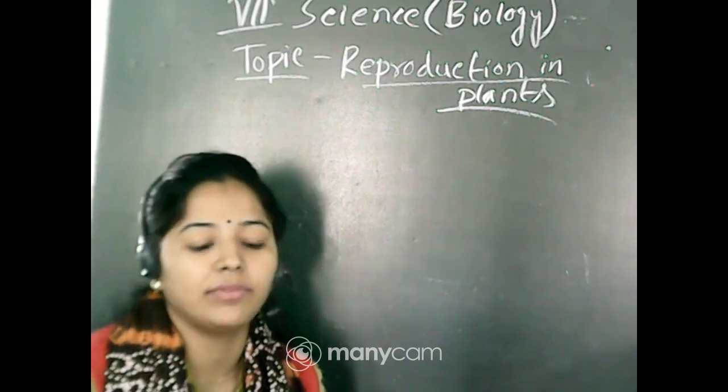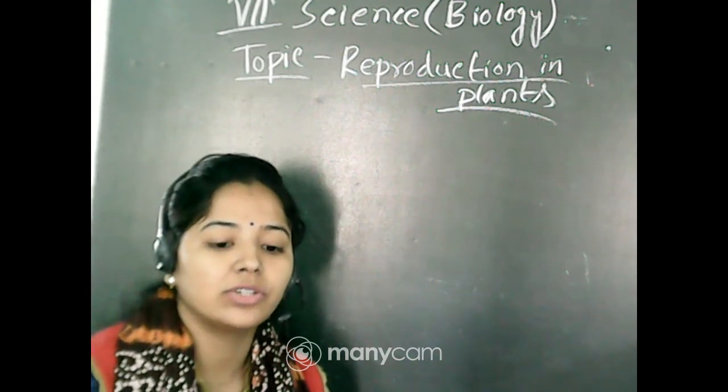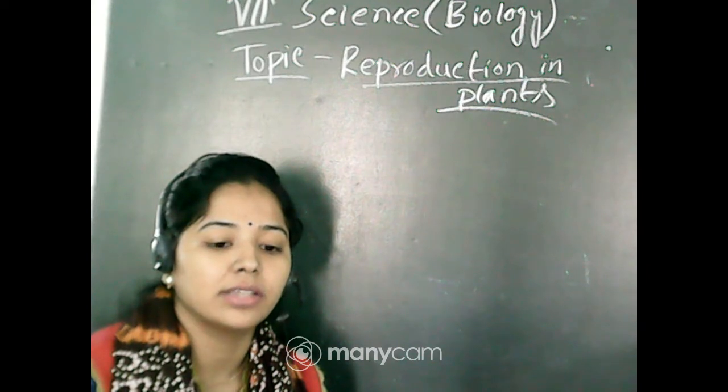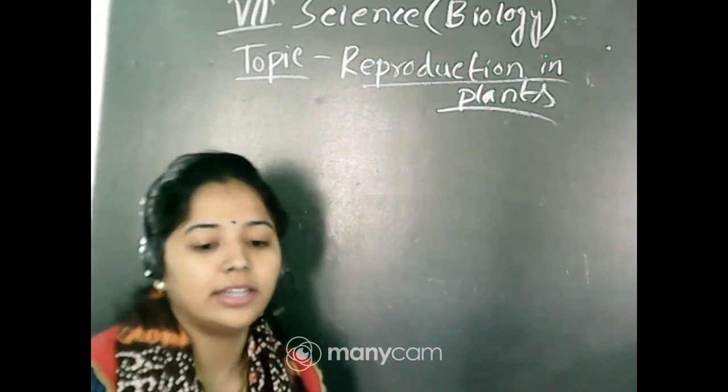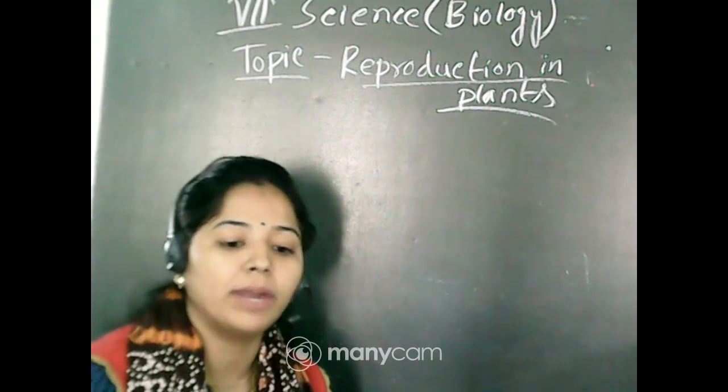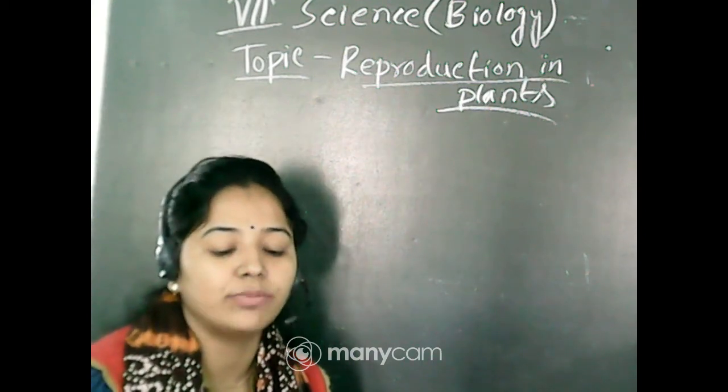In one class I discussed vegetative propagation, how it takes place with different vegetative parts of plants, with examples and some diagrams. In the next class I discussed budding, fragmentation and spore formation.